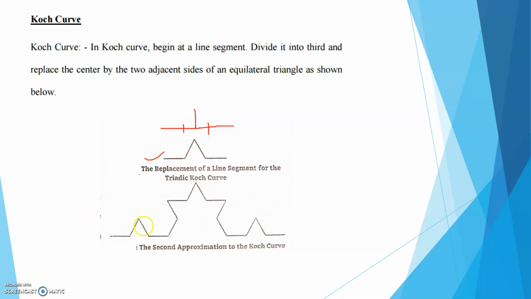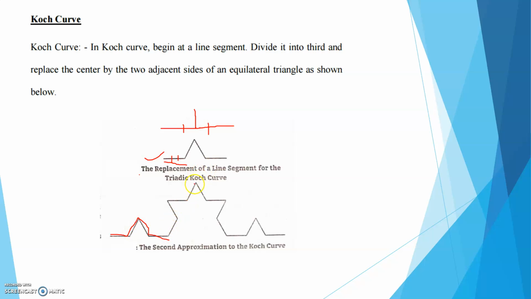Then in the second curve, again we have to divide that particular line segment which we got in the first approximation into 3 parts and lift up the center part. Here this line we have divided into 1, 2 and 3 parts and we have to lift it. After lifting this, you will get this particular shape.